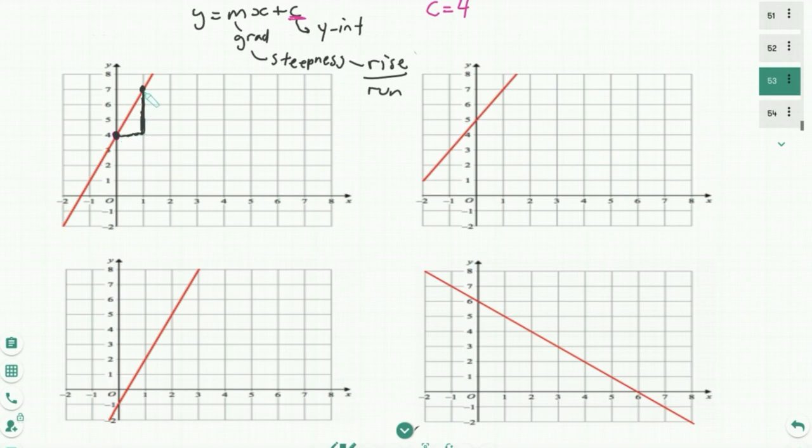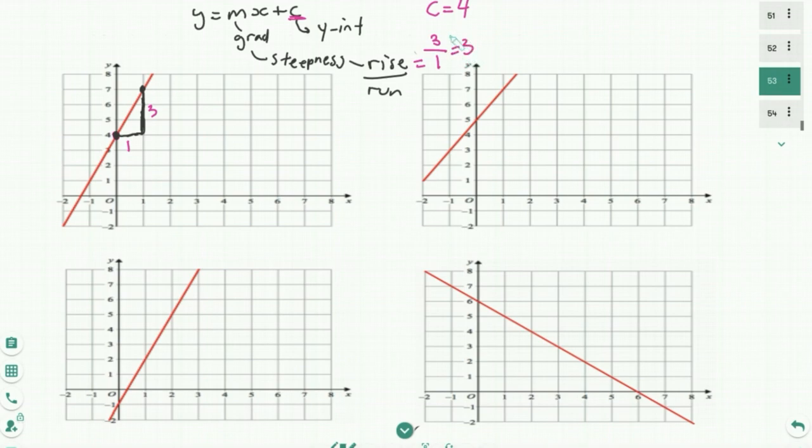What's the rise? Well, the rise is the height. It's 1, 2, 3. The rise is 3, and the run is from here to here, which is 1 box. So the rise over run: the rise is 3, we divide it by the run, which is 1, and 3 divided by 1 is 3.